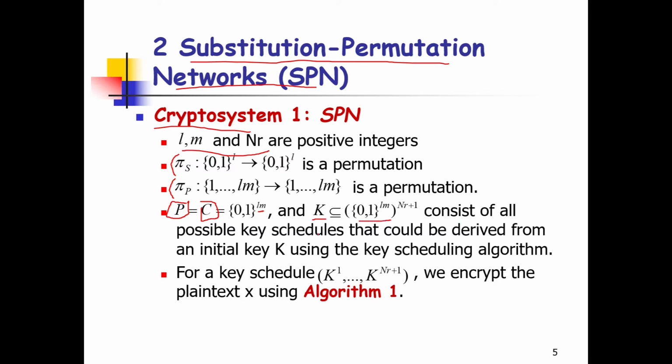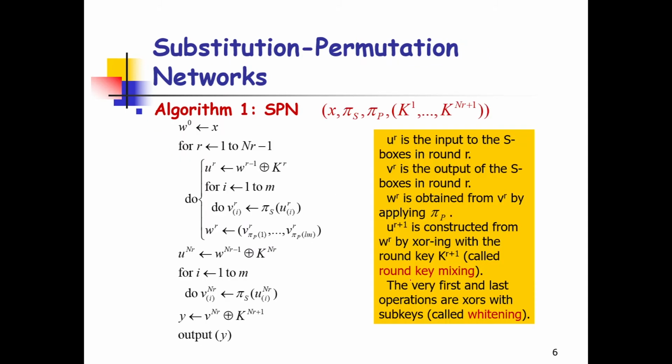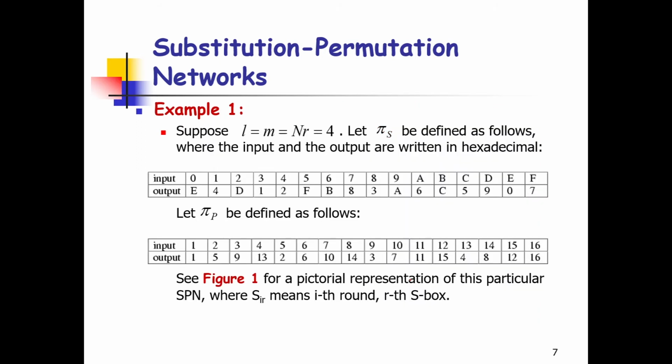Now it will use this K to produce the round keys and will encrypt the plain text using this algorithm. Now we will understand it with an example.